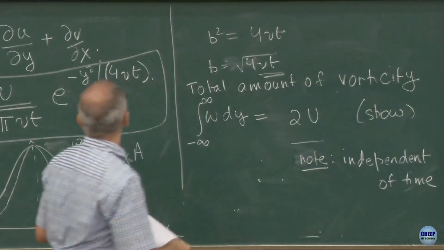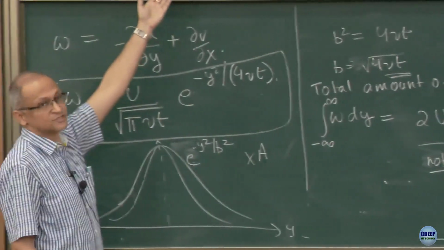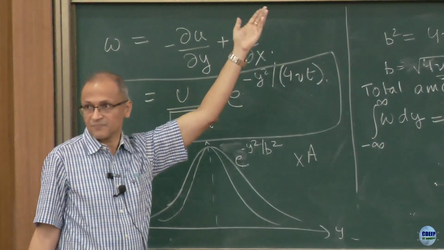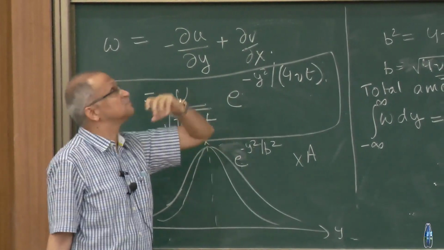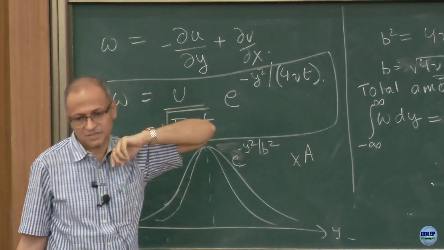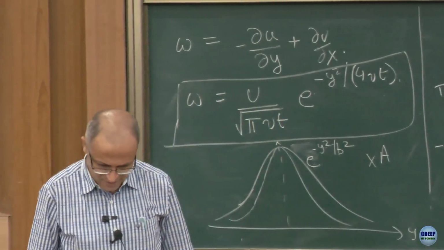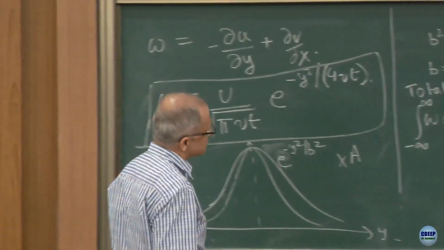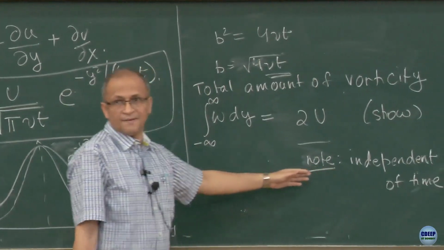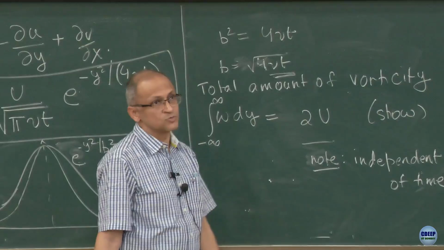At time t equal to 0, it is very clear that du dy was 2u. In fact, in some sense it is infinite, but if you just take any length scale, it is 2u, and that is what you have throughout.